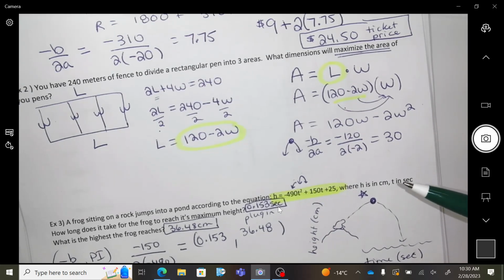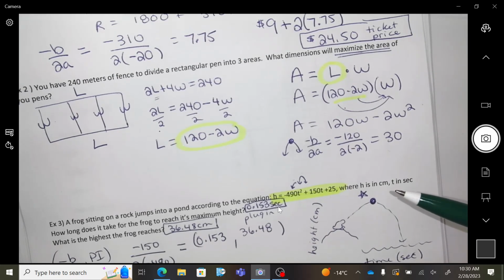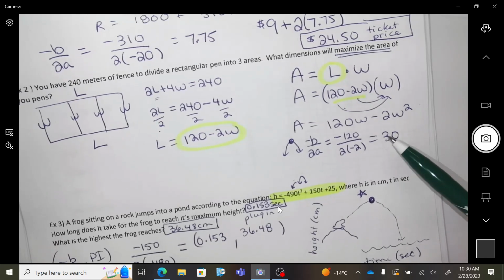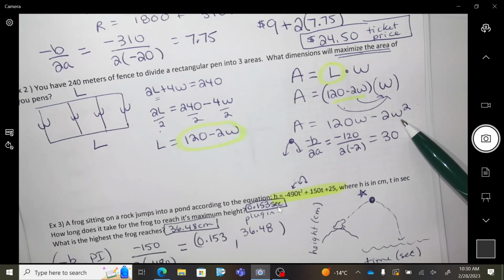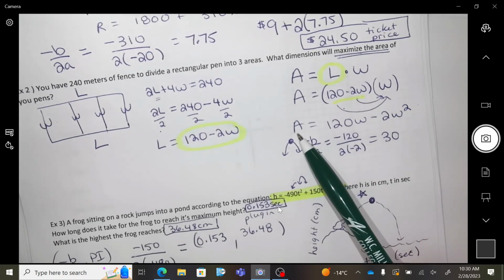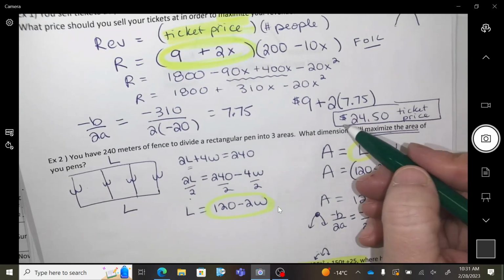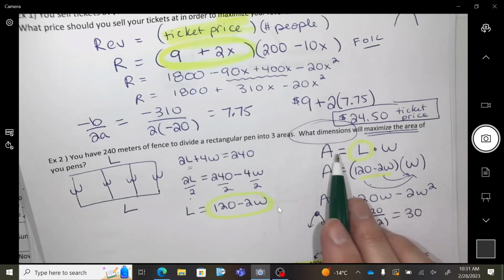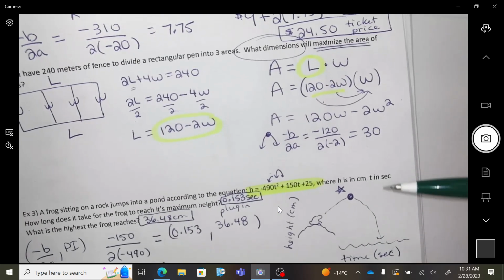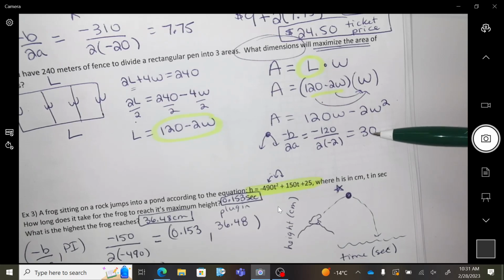Okay, let's talk about what the variables are here. If I plug the 30 into my equation, what will the number that's output get me? It'll tell me the area, the largest area. But I didn't ask you what's the largest area. I said, what's the dimensions? So 30 is the x.